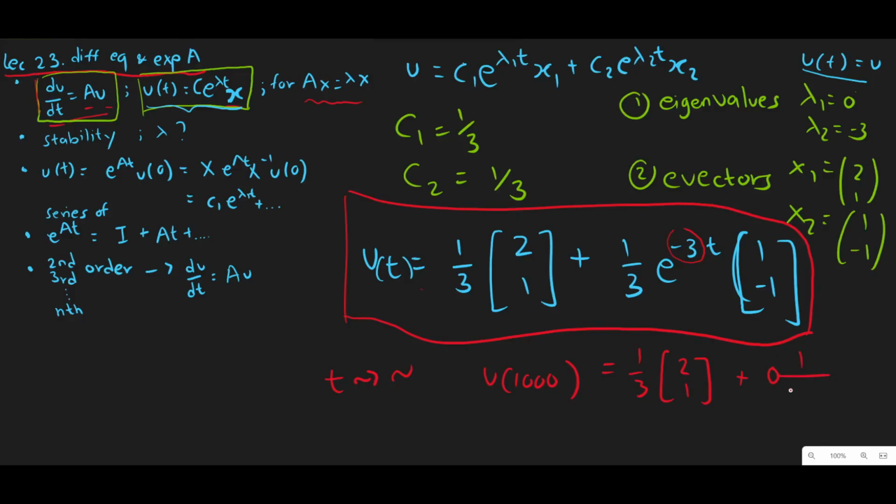Because if I divide this term, 1 over e to the really big number, like 3000 or something, this will be really small, and it doesn't have any value in our equation. So it will go into this steady state of only the first component of what we have in our original A. Our A, again, just to remind you guys, is this one.